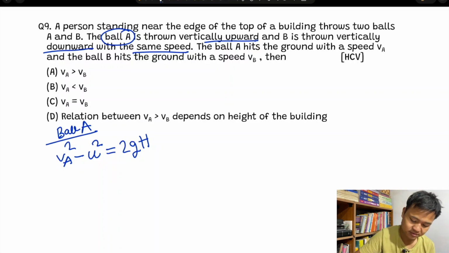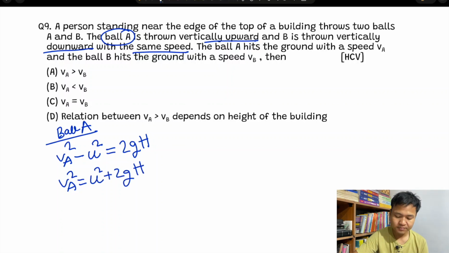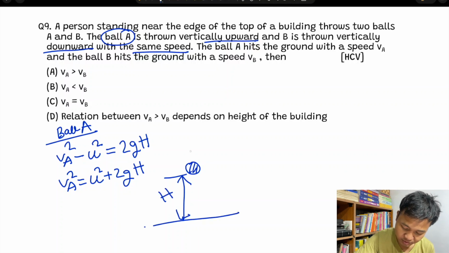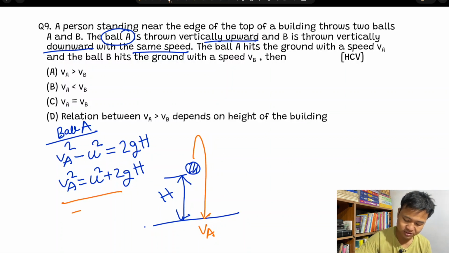So VA square equals u square plus twice g h. I'll draw the figure here: the height of the building is h, the ground is here, the first ball is thrown upward and then comes back down with VA. The displacement is still h, so this is the velocity.